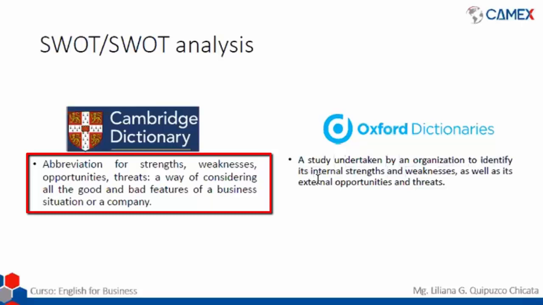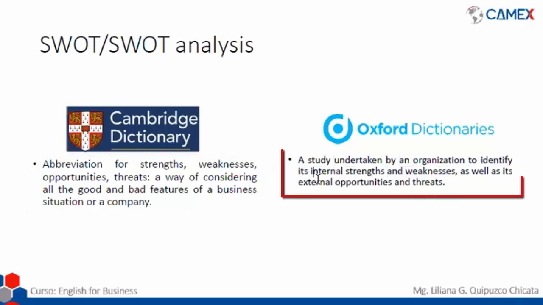That's according to Cambridge Dictionary. Now, according to Oxford Dictionary, a SWOT analysis is a study undertaken by an organization in order to identify the internal and external factors.